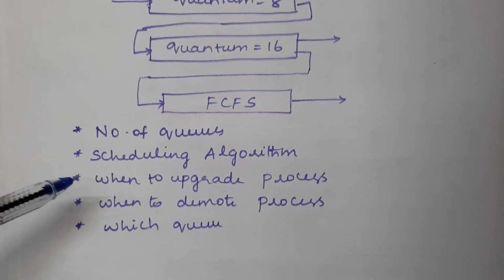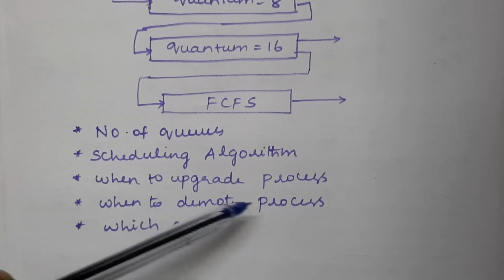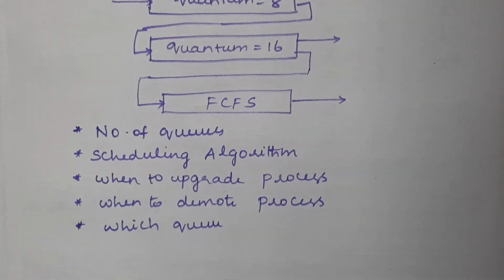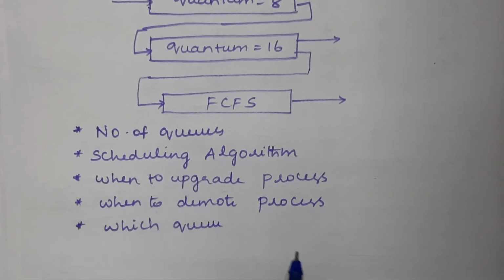The next one is you need to determine a method for when to upgrade the process, either to the previous level or the next level. And when to demote the process, which means if the process does not complete its operation, automatically that process will be placed in the next level, so we are demoting it, right? And the next one, we need to follow a method to determine which queue will be served.